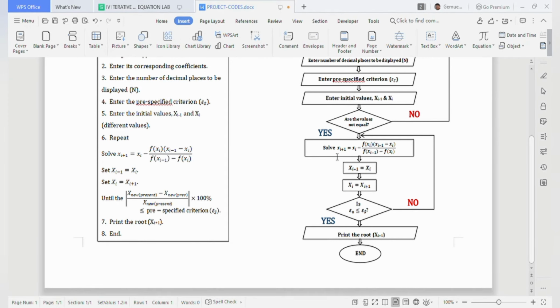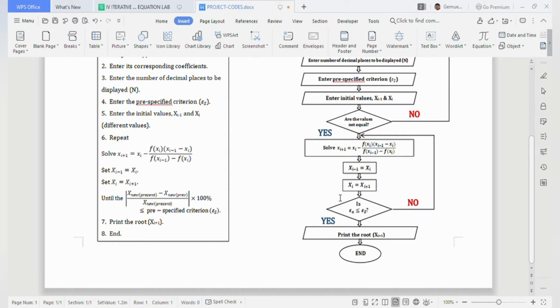Here, we will solve x sub i plus 1 is equal to x sub i minus f(x sub i) times (x sub i minus 1 minus x sub i), all over f(x sub i minus 1) minus f(x sub i). Here we will set x sub i minus 1 equal to x sub i. And here we will set x sub i equal to x sub i plus 1.